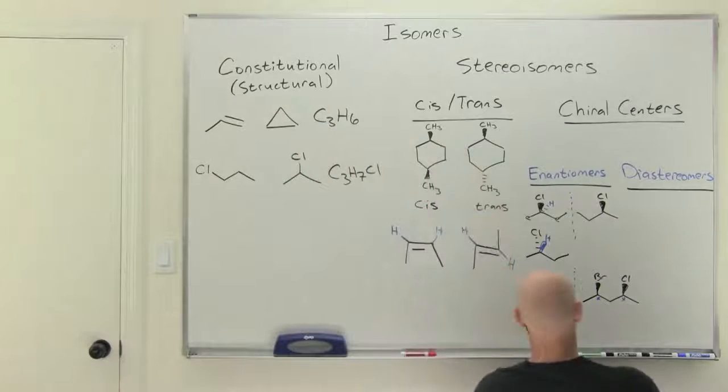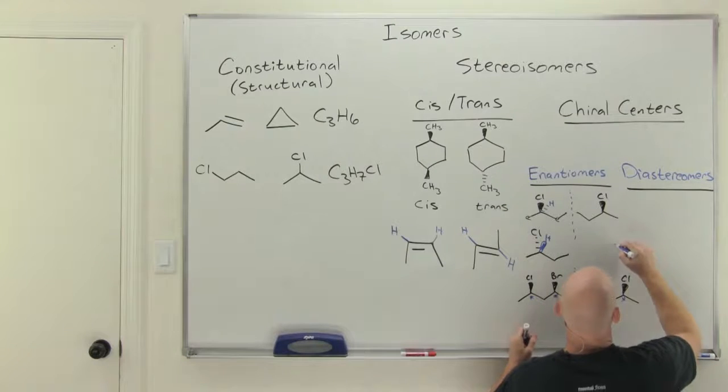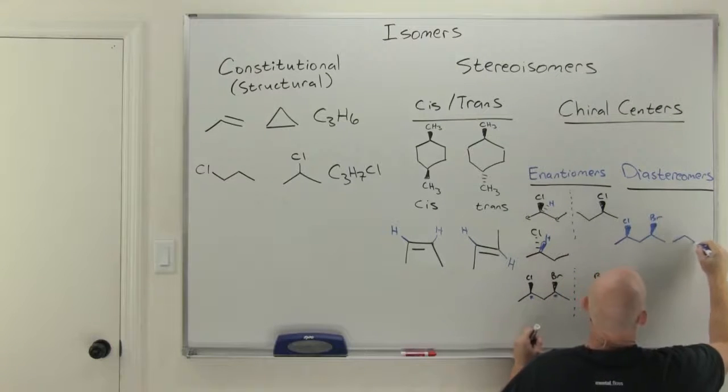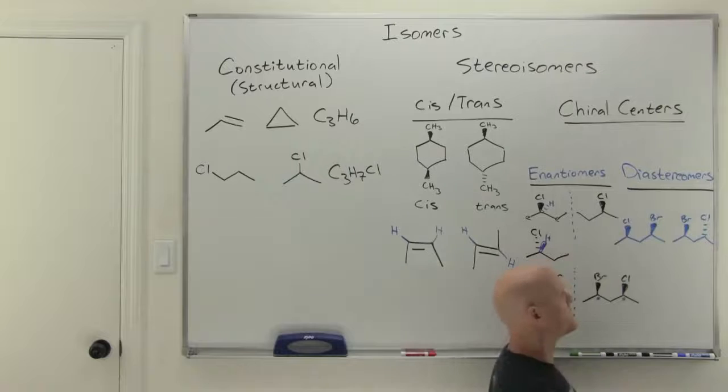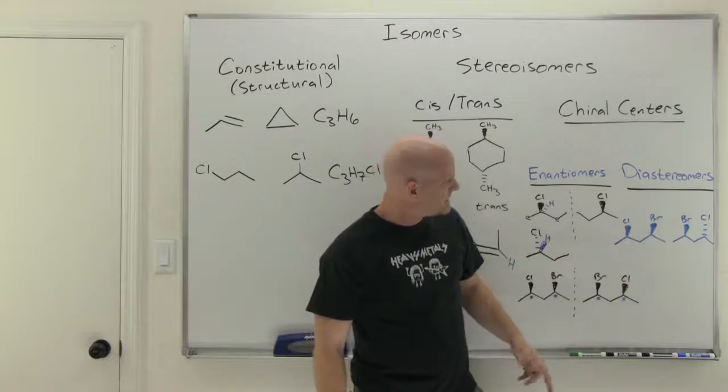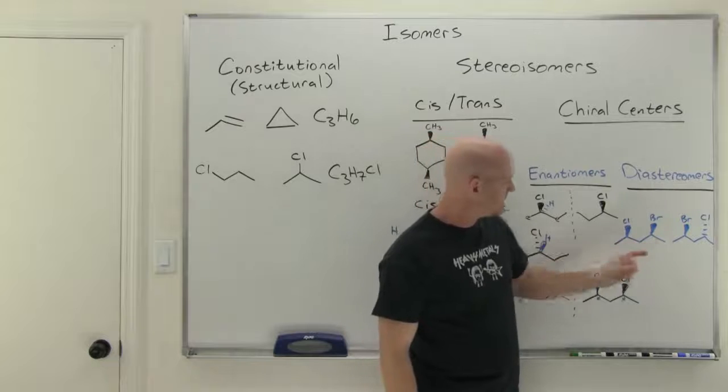What if instead I compared this one right here? If you look at comparing these two now, you look at these and say, okay, it's a 5-carbon chain.